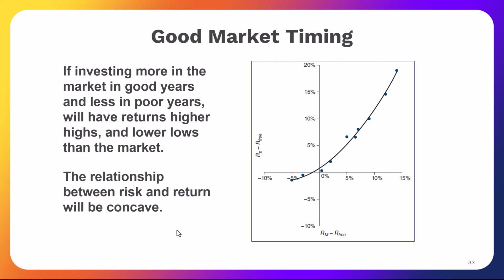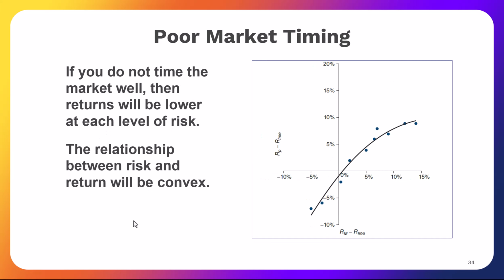The relationship here between risk and return will be concave. If we're not doing this well, then the returns are going to be lower than the market returns at every risk level. So the relationship between risk and return will be convex.